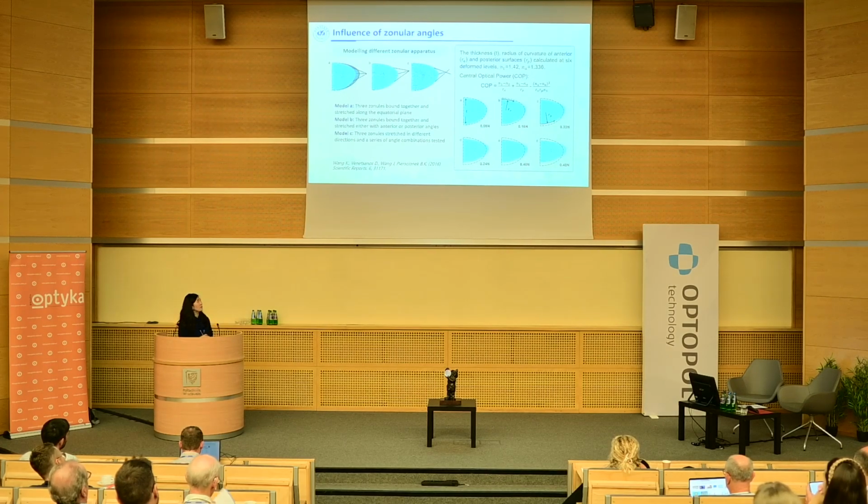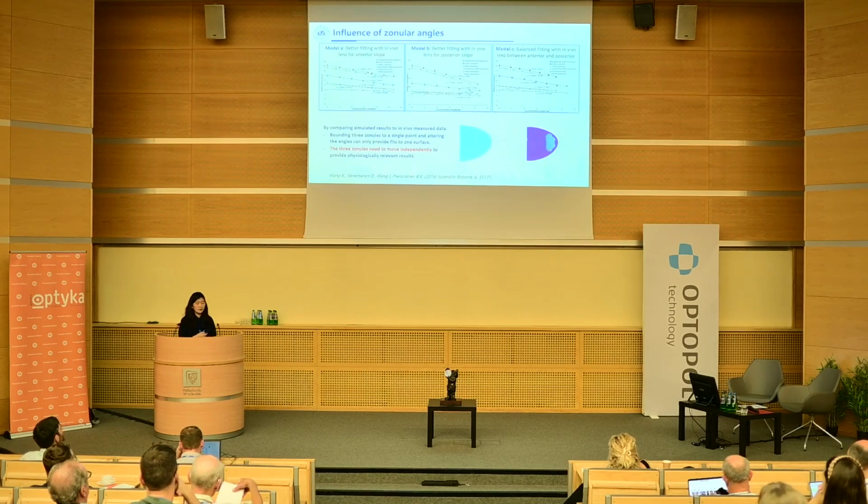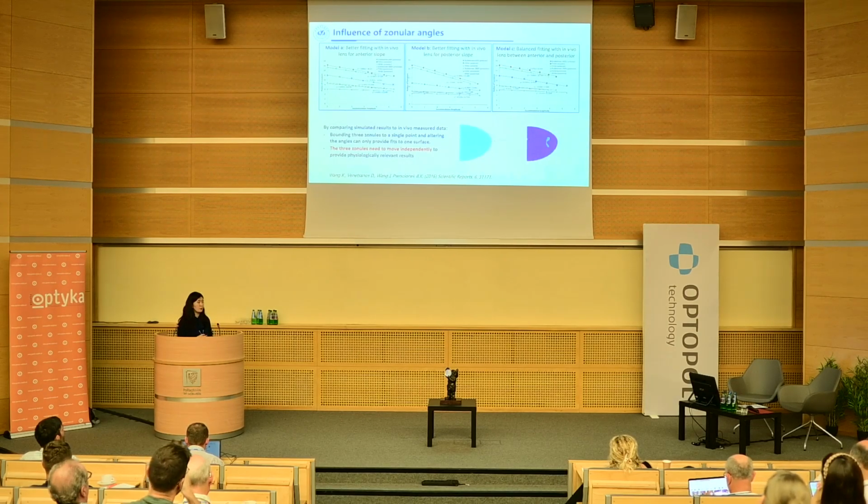And then we applied the stretching loads at 6 different levels and calculated their optical power using the Sequence formula. And then the resultant changes in the curvature as a function of the accommodative amplitude were plotted, and it's very clear it's a linear relationship. This linear relationship can be compared with some previously in vivo measured data.